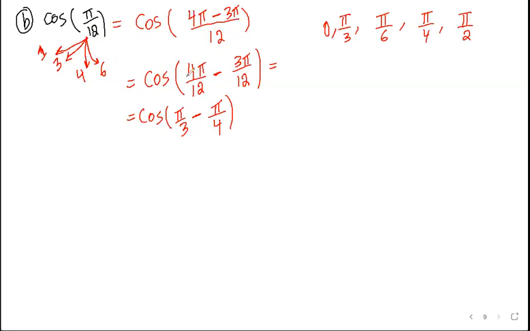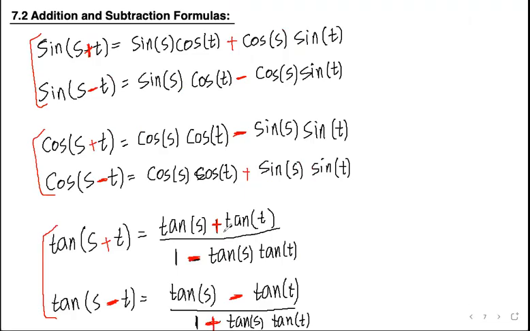Okay. So what's now the cosine for this value? Go back to the formulas. Cosine of s minus t is cosine cosine plus sine sine.